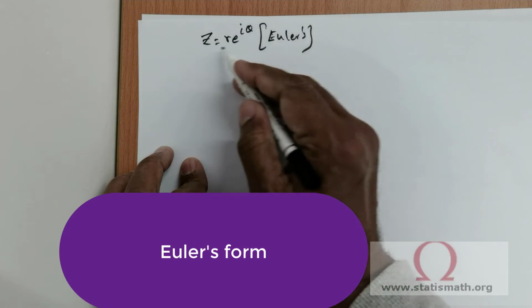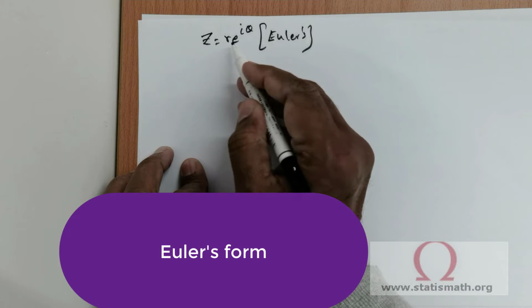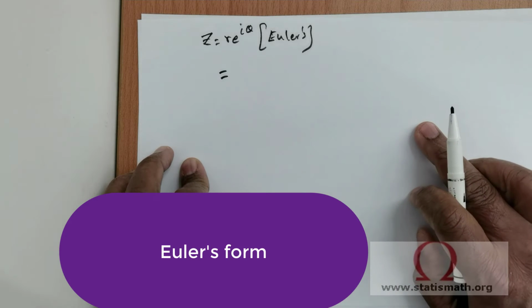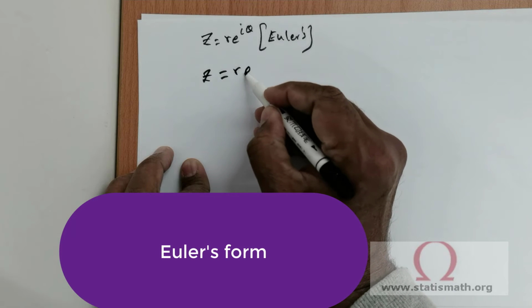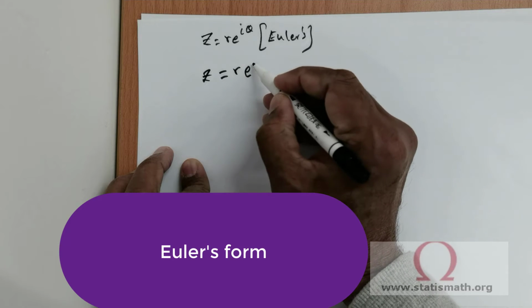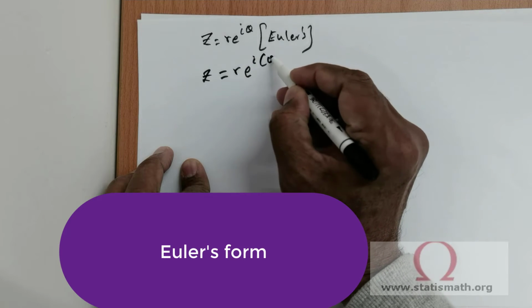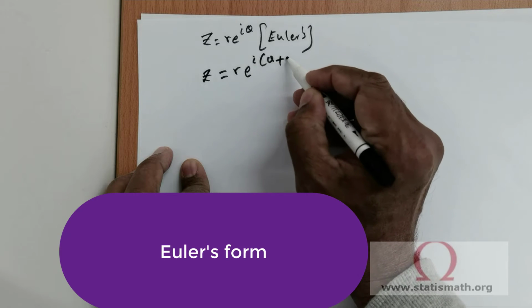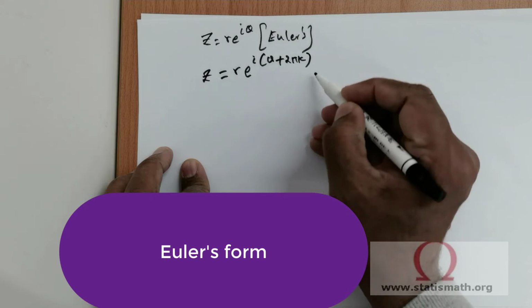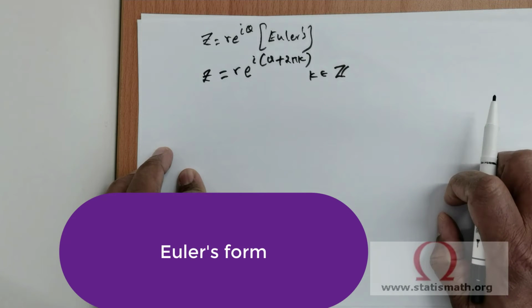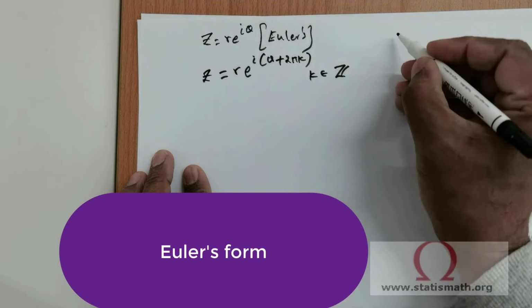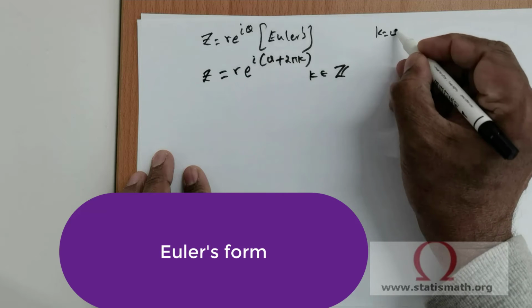Now, if we were to extend this for any coterminal angles, then z would be r e^(i(θ + 2πk)), where k is an element of the integers. Now, I'm going to show you what happens when k = 0.